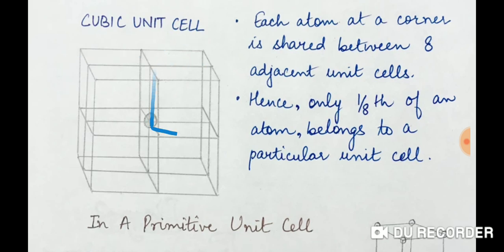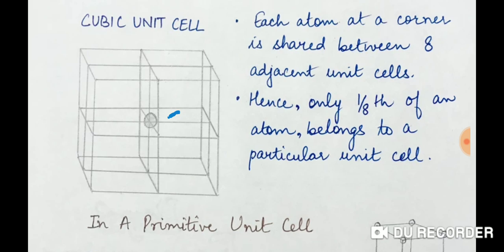This one is the first unit cell, behind this is another one, and this is another one, and behind this also there is another unit cell, and below this and behind this one, and like this we have a total of 1, 2, 3, 4, 5, 6, 7 and 8, 8 unit cells combined together.